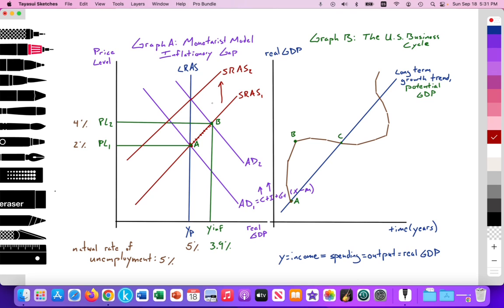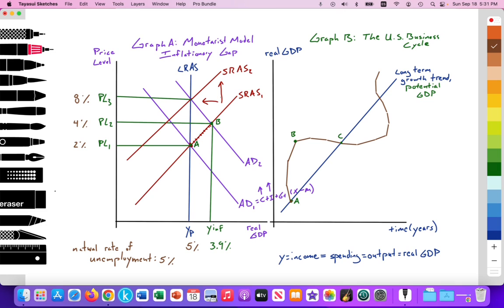If food and gasoline prices rise, those are additional costs of production. So all of that, the rising wages, the rising gasoline and natural gas prices, the rising food prices, all cause the SRS curve to shift inwards or upwards. That is cost push inflation. So that leads to an even higher price level. Here we have prices on average going up to PL3, and inflation rising in the United States, potentially up to 8%.